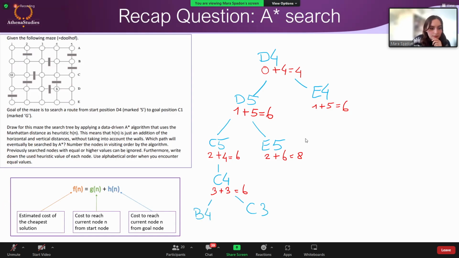Yes. Okay. So this is quite a big exercise, but we're just going to keep going. So for B4 and C3, which values do we get? For B4 from the start node, it is 3 steps.